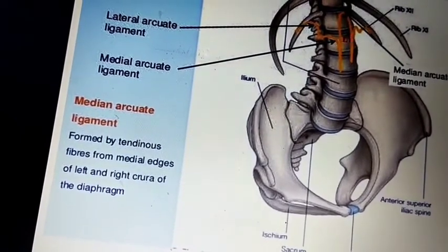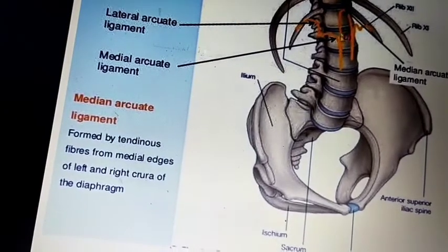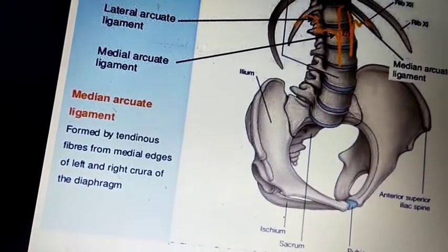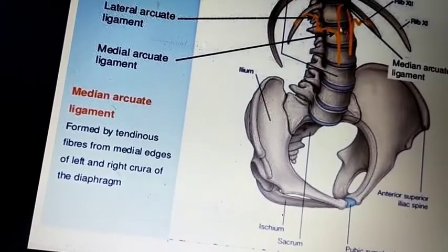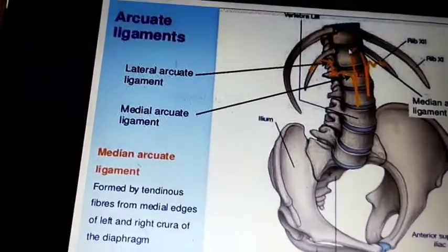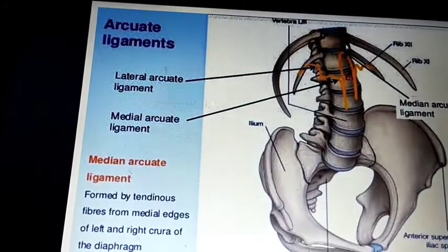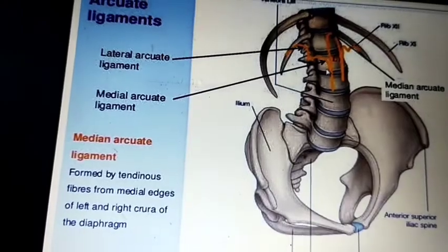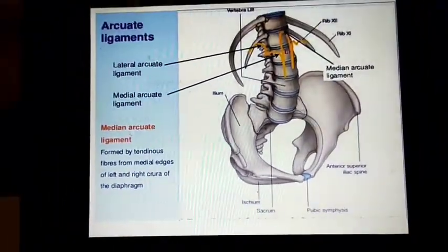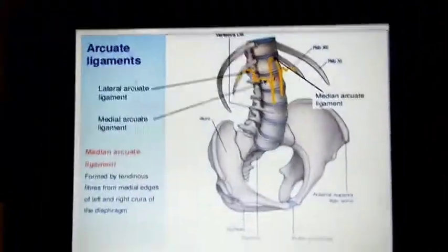Now median arcuate. Median arcuate is formed by the tendinous parts of the right crus and left crus joining together and forming an arc-like structure. That arc-like structure is called the median arcuate ligament. Now we can go for the arcuate ligaments. There are three types of arcuate ligaments.